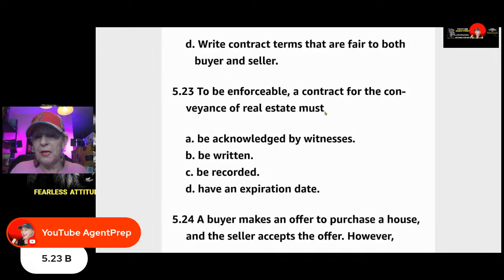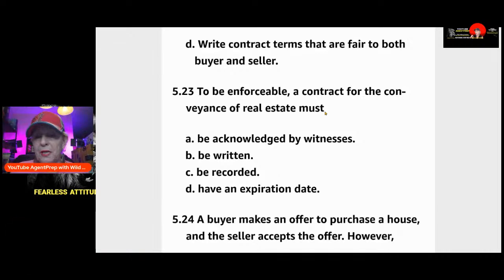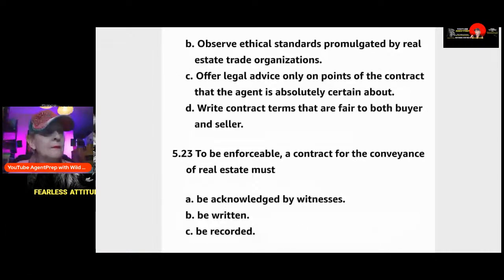Now if a client has an attorney, the attorney can write contracts. Some investors, builders, and developers will use the same attorney on all transactions and already have their own contract. That is valid.